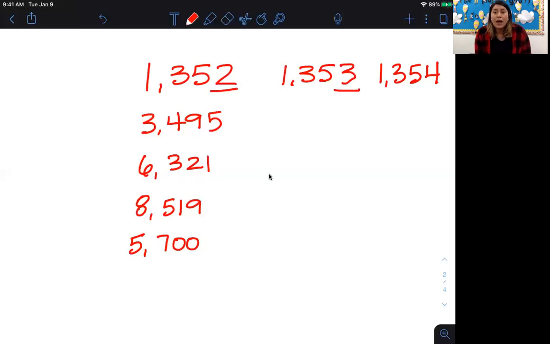All right, what number comes before 2? Hit me with it, Mia. Did you say 1? Yes, you got it. So all the other numbers stay the same, and the number they're asking us is what comes before 1,352? Well, we know that 1 comes before 2, so the answer would be 1,351.